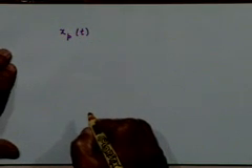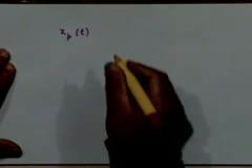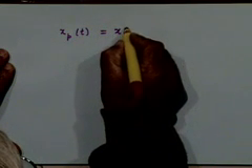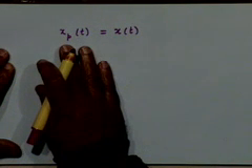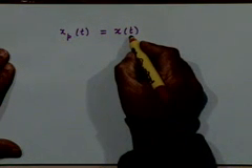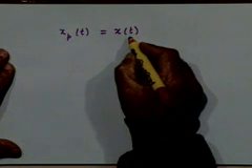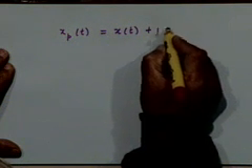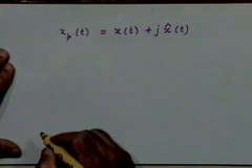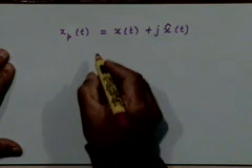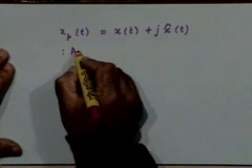We had just defined the concept of an analytic signal x sub p of t for a given real signal x of t as a complex valued signal whose real part is the given signal x of t and whose imaginary part is the Hilbert transform of x of t. Right. So this is the analytic signal.